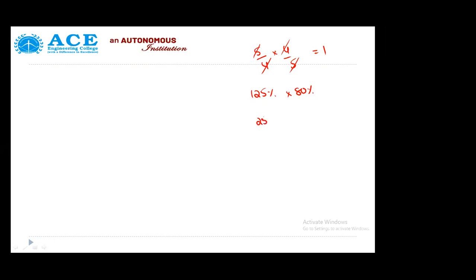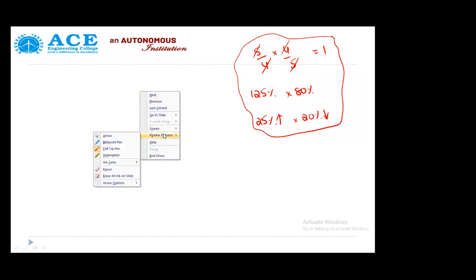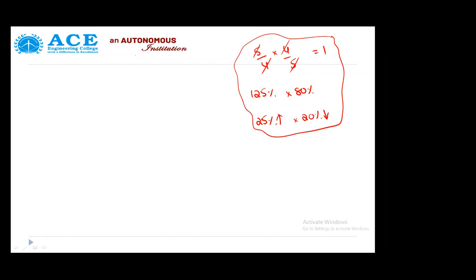When there is a 25% increase, the other one should be a 20% decrease to maintain the same. Hope you understand. This is the internal explanation of that. If one is increased by 25%, the other should be decreased by 20% so that the same thing is maintained.